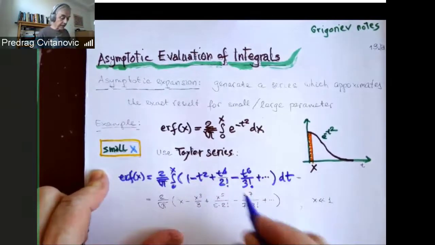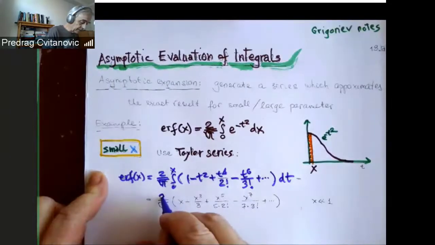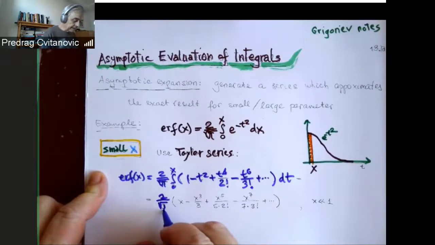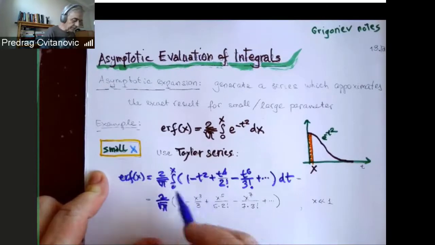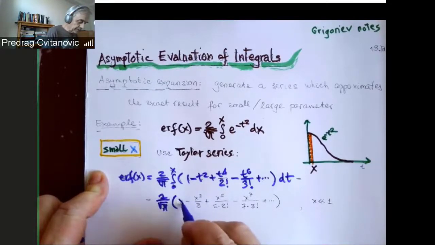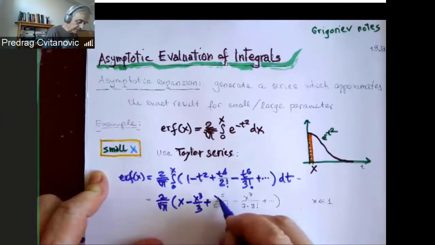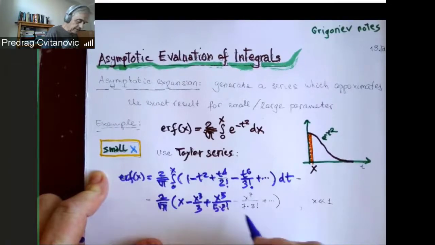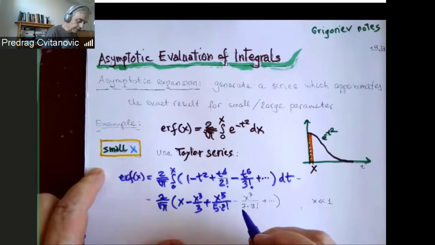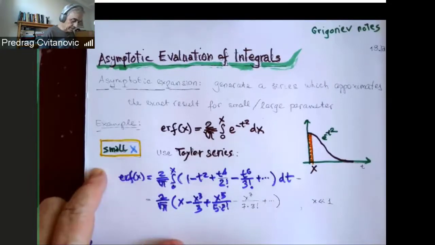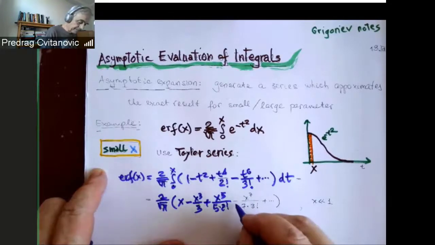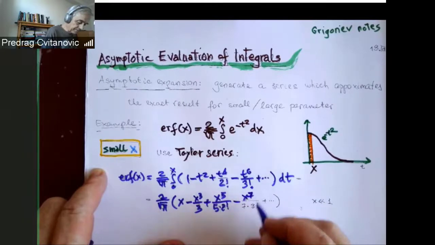Now, these are just powers. I know how to integrate those. And the integration ranges from 0 to x, so 0 doesn't contribute. The first term is just x. The second is x^3 over 3, plus x^5 over 5 times something. Everything is fine. Odd powers.